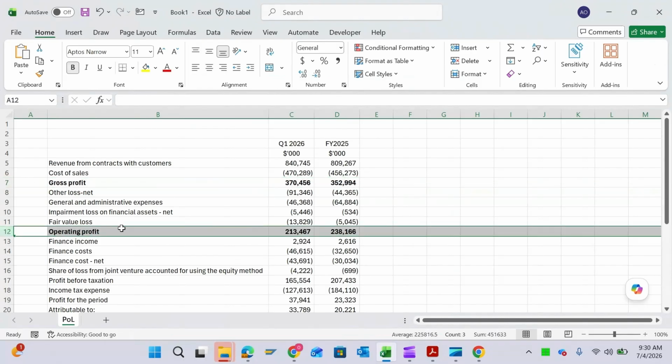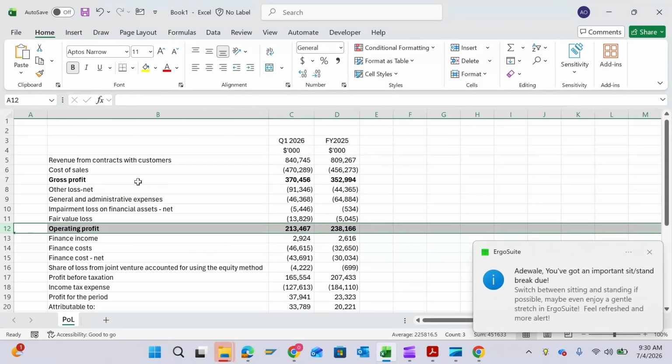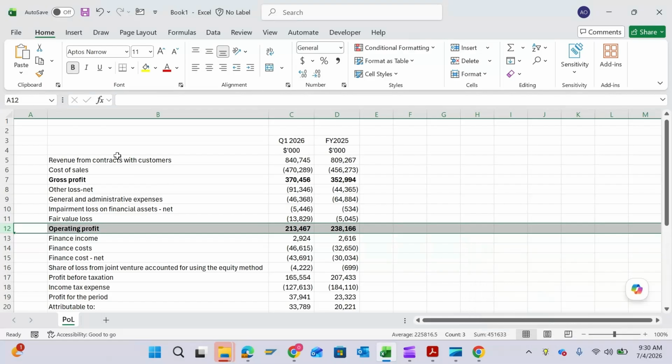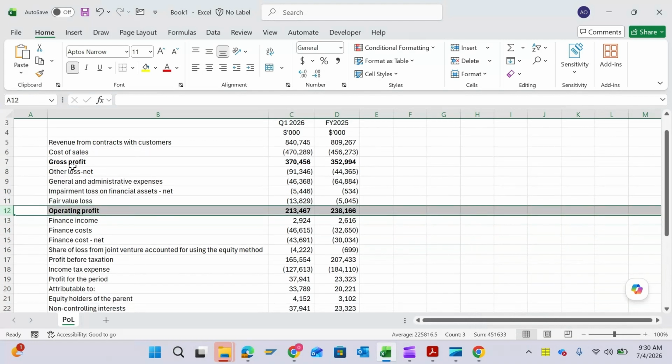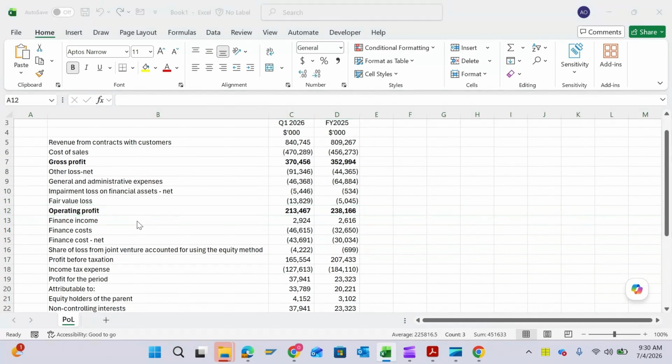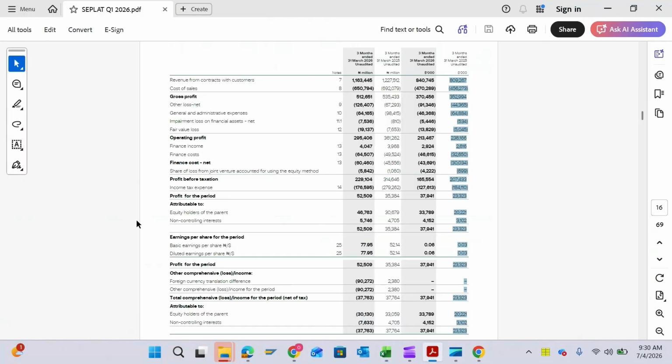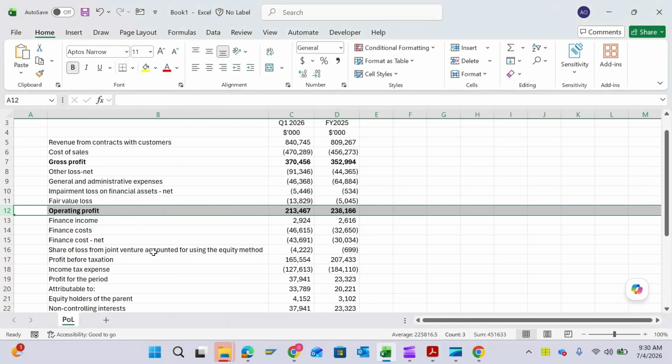IFRS 15 identifies revenue as the total inflow of economic value that the company receives. Then gross profit is what you get after you've removed the cost of achieving that from the revenue. Then operating profit, and we have the financial costing.